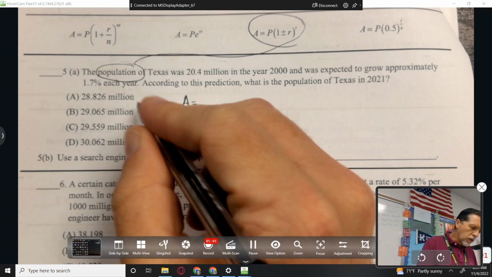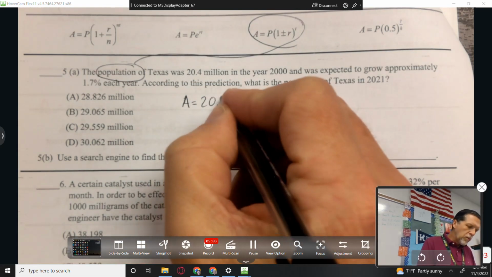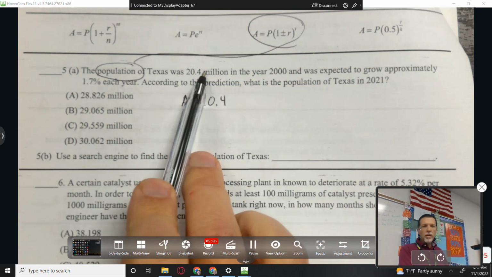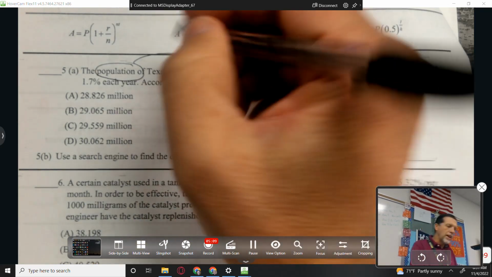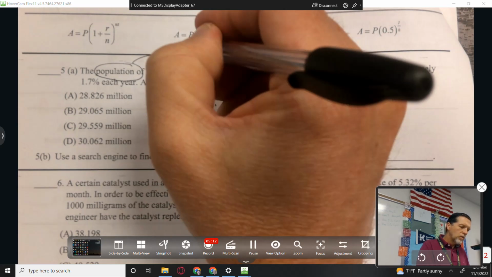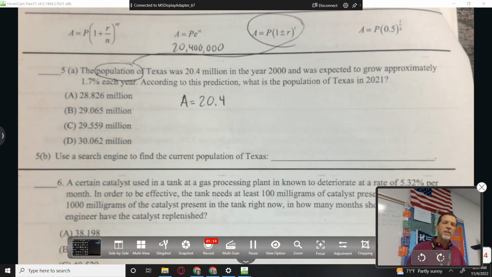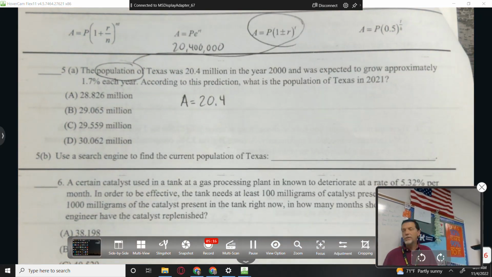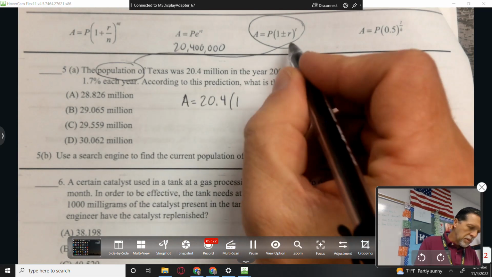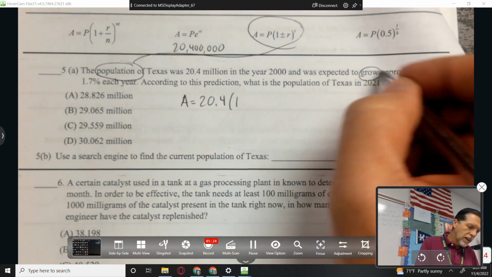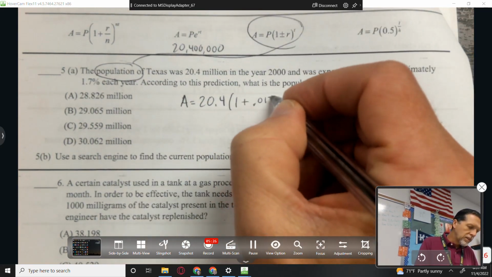The before is 20.4. Since that's in millions and all my answers are in millions, I'll just leave it as 20.4 rather than writing out 20,400,000. Times 1 plus, because we're growing, 0.017.